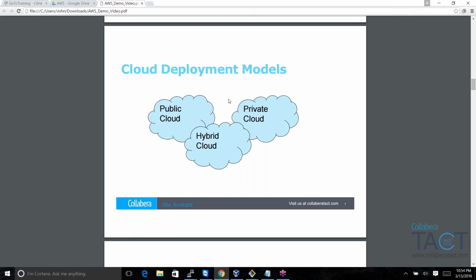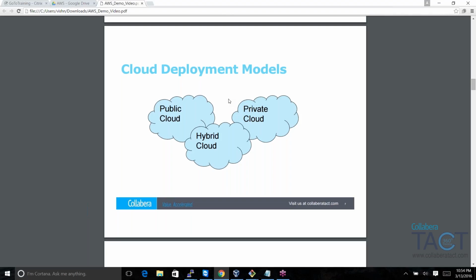Then you have something else called a hybrid cloud. This hybrid cloud infrastructure is like a combination of a public and a private cloud. So what's going to happen in a hybrid cloud is, say I might have an application for which I need to run 3 servers in my private cloud and 2 servers in my public cloud.